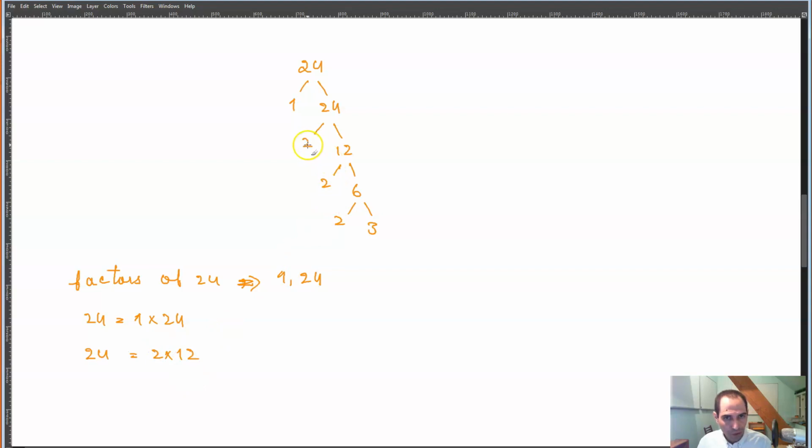Then you can write 24 as 4 times 6. Then you can write 24 as 8 times 3.